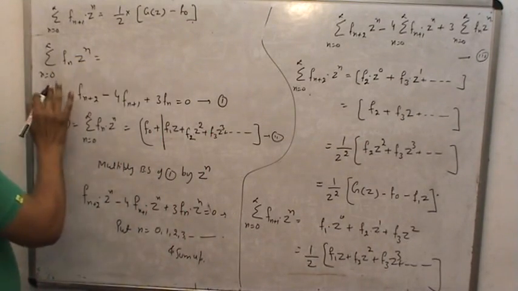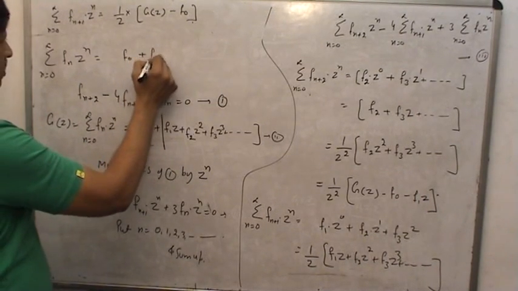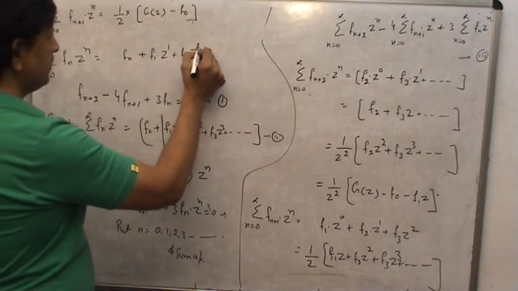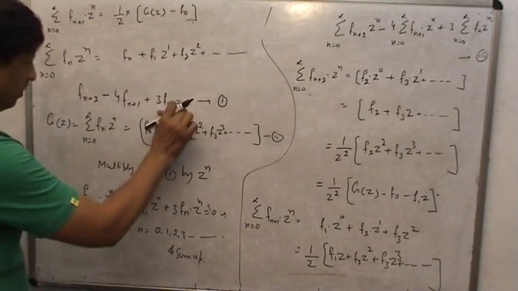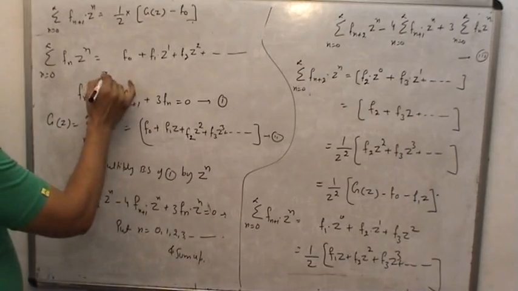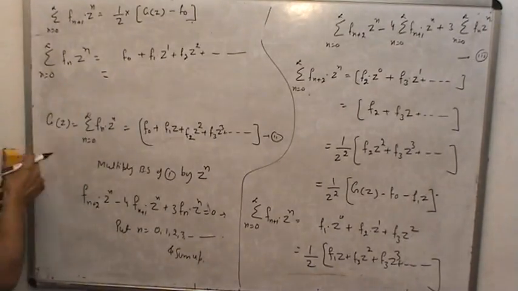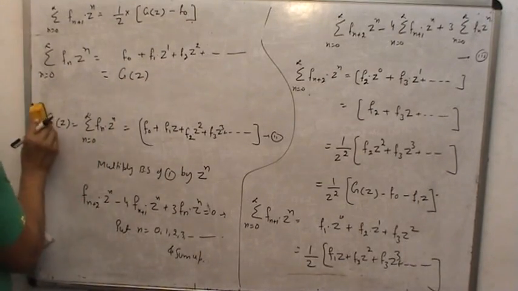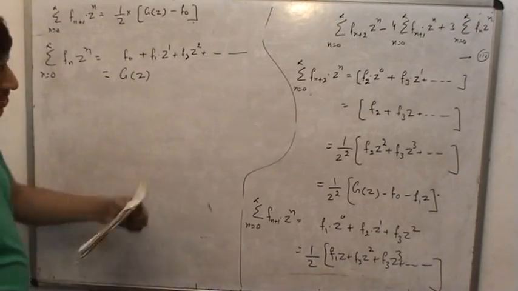Now for the third term, sigma n varies from 0 to infinity f(n) z raised to the power n, putting n is equal to 0 it is f0, n is equal to 1, f1 z, plus f2 z square, plus so on. Comparing both brackets, that is equal to G(z) simply. Now we compile all the terms according to condition 3.